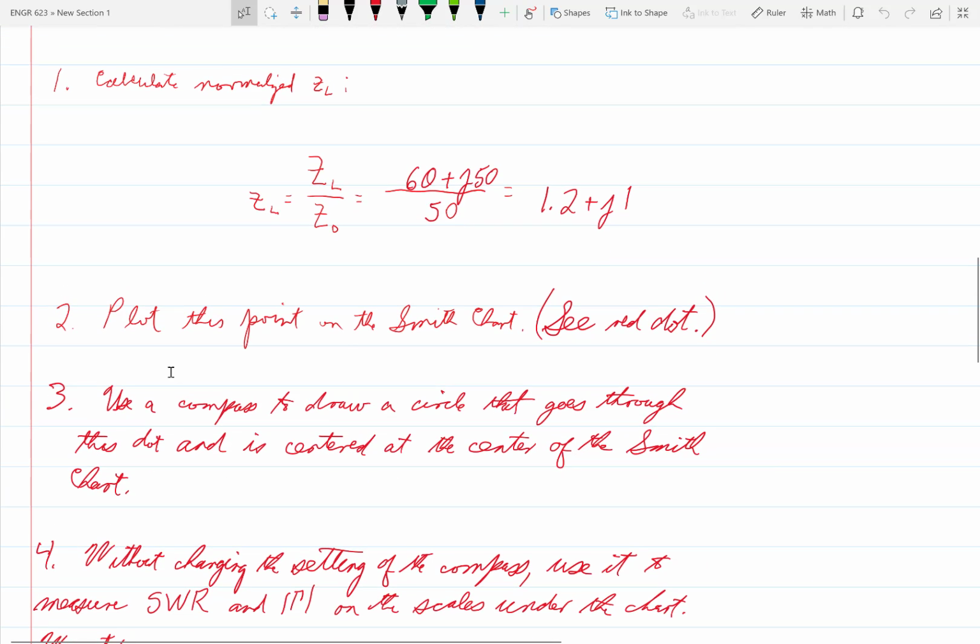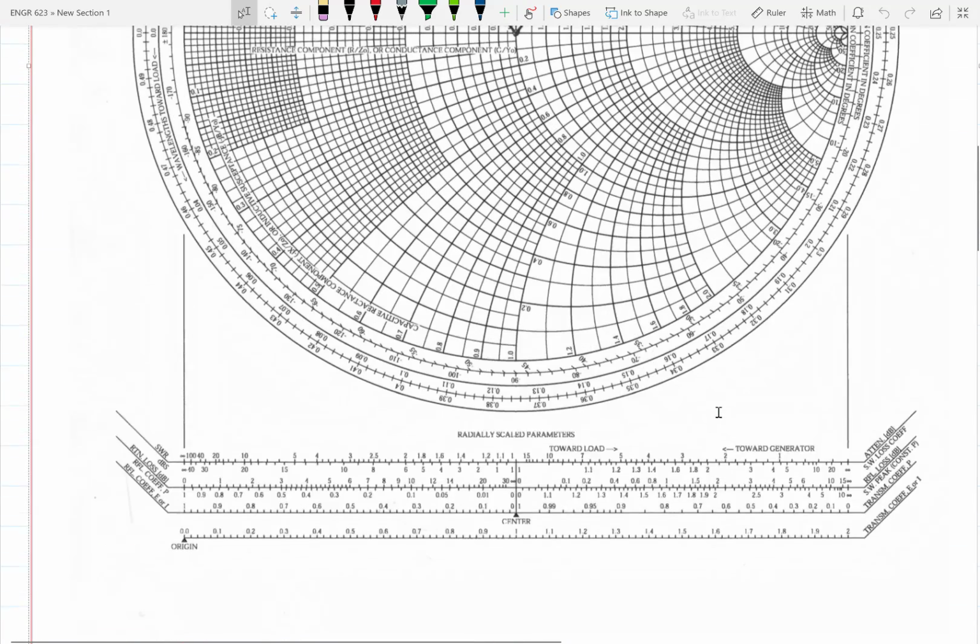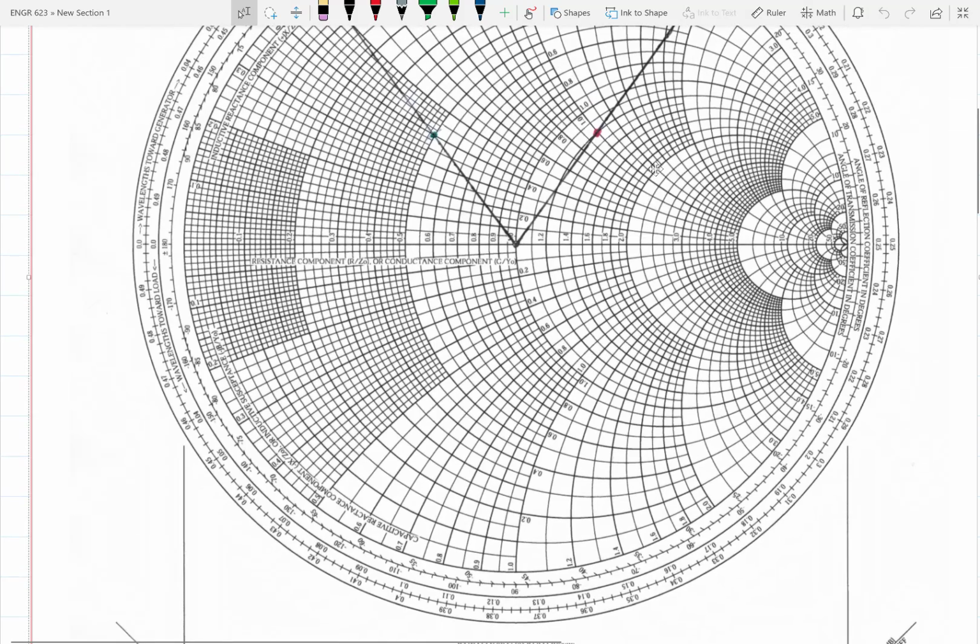Now the next step is to use a compass to draw a circle that goes through this dot and is centered at the center of the Smith chart. Now, to be honest, as you can see, it's not really necessary to draw the circle. But what you do have to do is go ahead and use your compass to determine the length from the center here, which would be the center of the circle, out to the red dot.